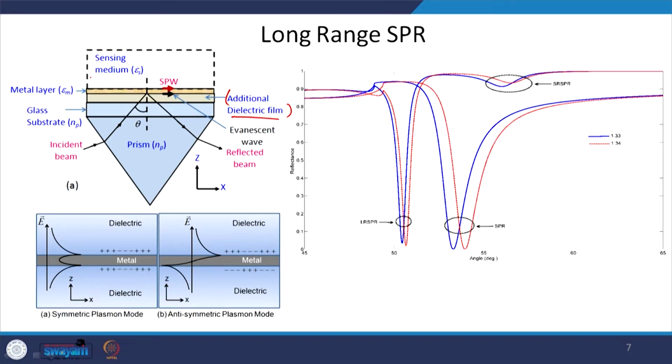Since the wave vector is enhanced by the prism and this is a very thin layer, it does not make any difference to excite surface plasmons at both the interfaces.